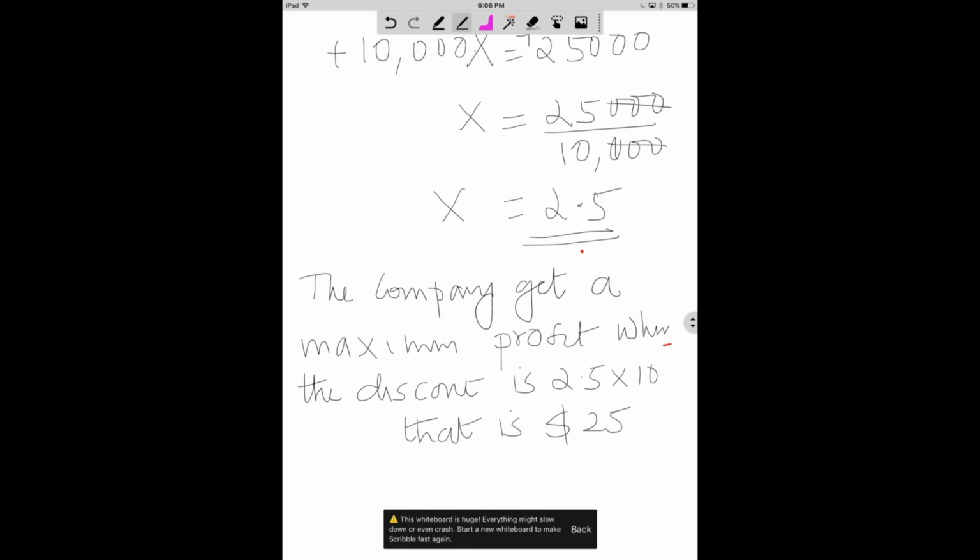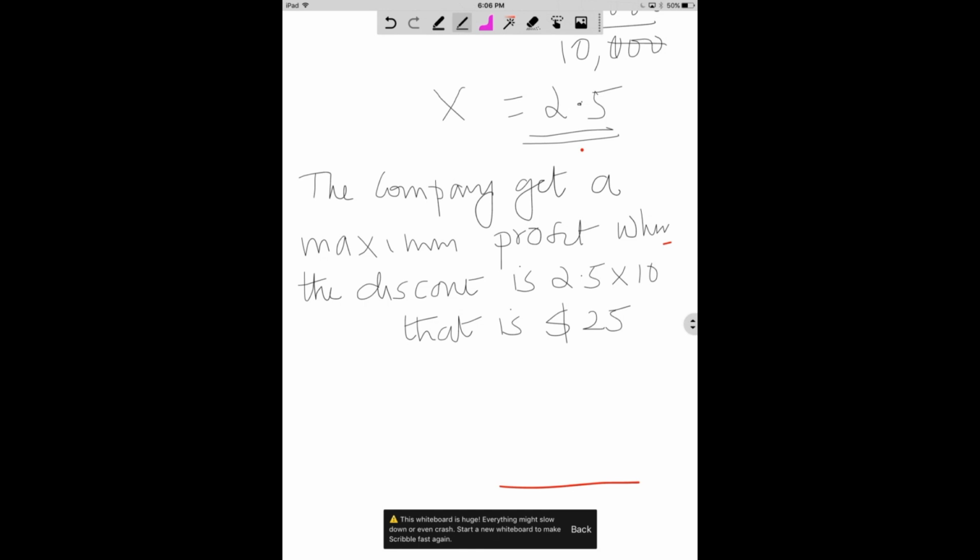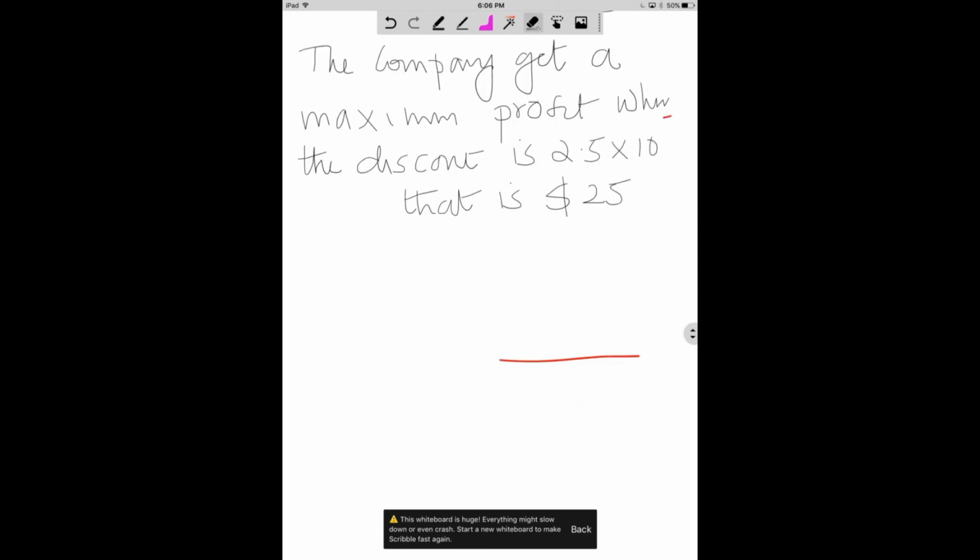So now we are going to find how much profit the company gets.